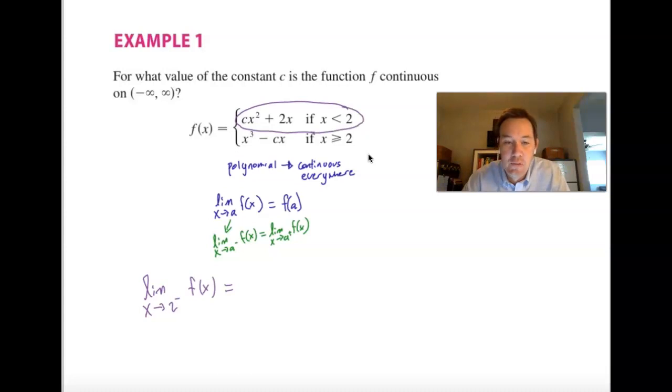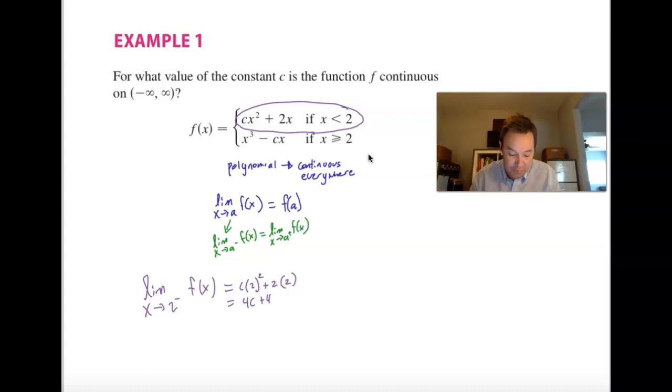To evaluate a one-sided limit, we can still just do a direct substitution, plugging in 2 for x. That gives c times 2 squared plus 2 times 2, so that's 4c plus 4. Great.